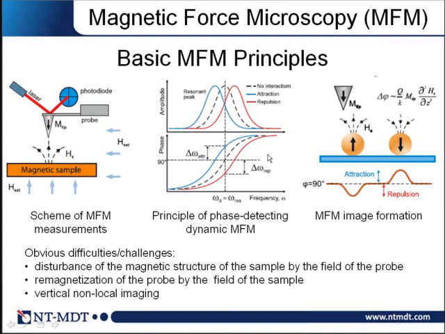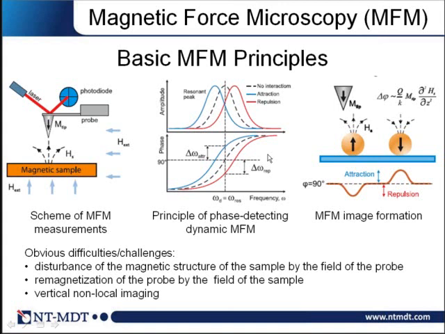Well, the question is also about the presentation, how the images are obtained after nanolithography. Well, as I said, when you create the magnetic images, you have a given distance between the magnetic probe and your sample. Therefore, this distance gives you the possibility not to remagnetize your sample when you make images.